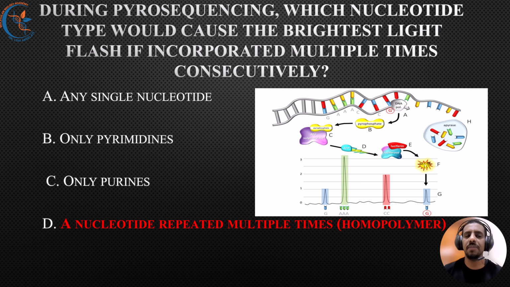But let me explain it. In pyrosequencing, the intensity of light depends on the number of identical nucleotides incorporated in a row. This is known as a homopolymer. If multiple identical nucleotides are added consecutively, more pyrophosphate is released, leading to a stronger light signal as we see in the image here. All right. Let's move on.